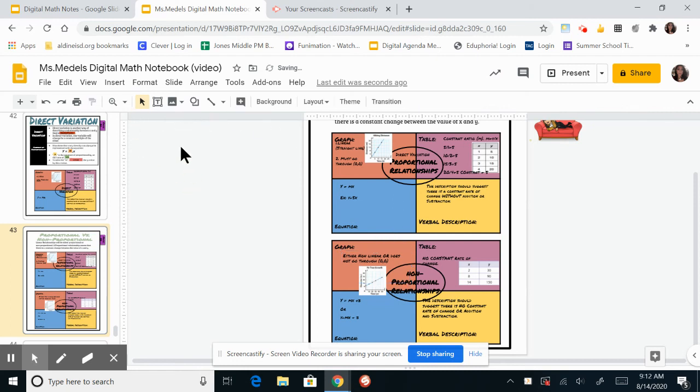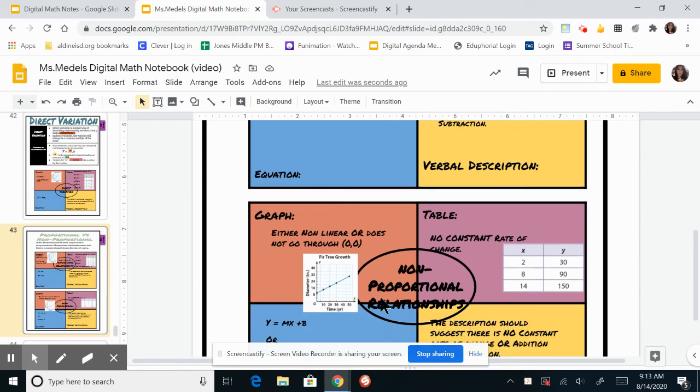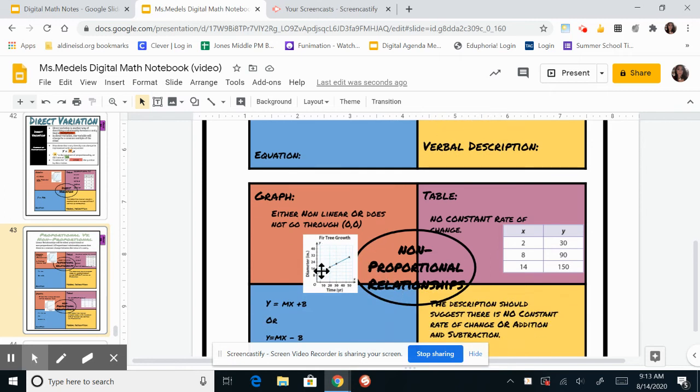Okay. So here is my graph. If you notice, it is linear, but it starts at 8. Sorry to backtrack. It starts at 8, so that is an example of a non-proportional relationship.